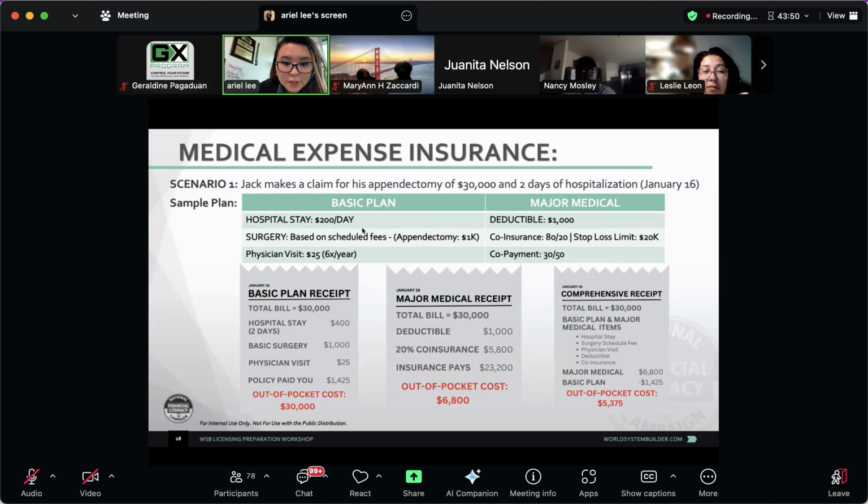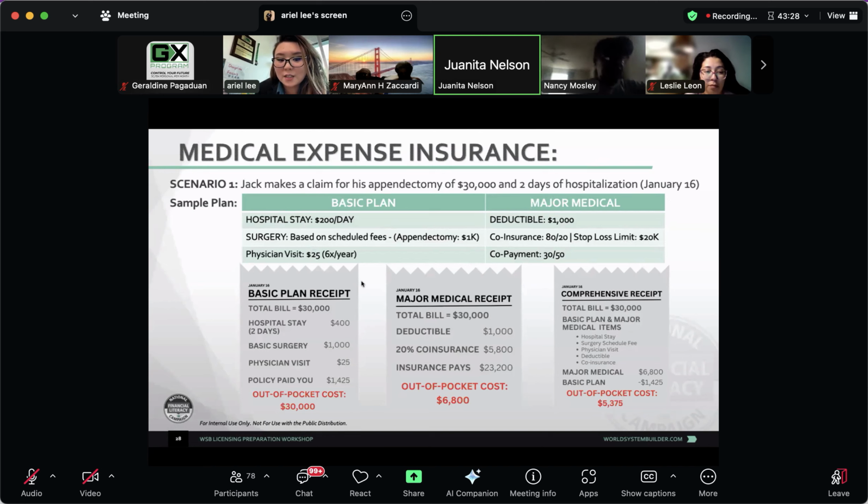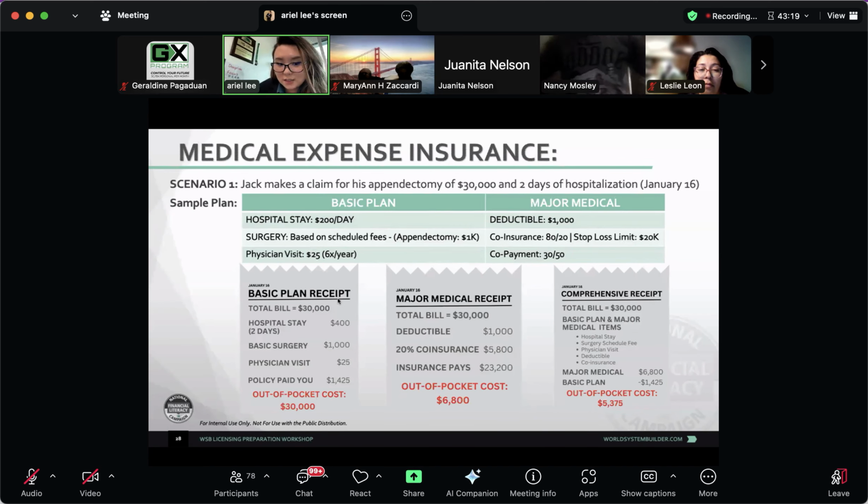Now, looking at the right-hand side, the major medical receipt. The total bill is $30,000, with a deductible of $1,000, and 20% co-insurance is $5,800. Insurance paid $23,200 because of the 80%; 80% of $29,000 is $23,200. So the total out-of-pocket cost is $6,800.